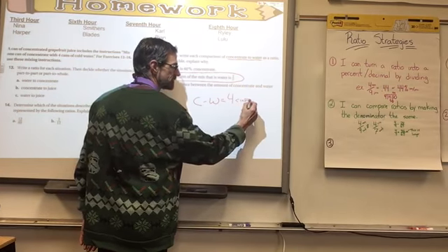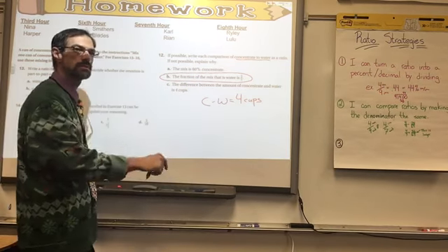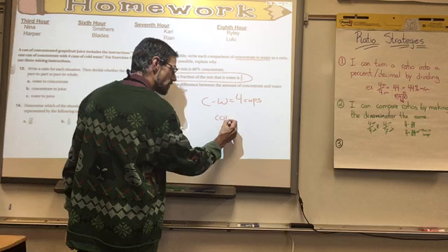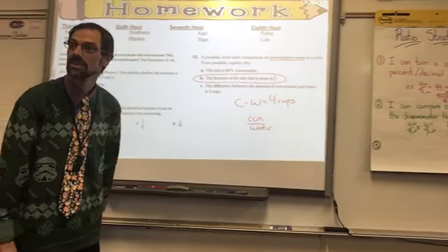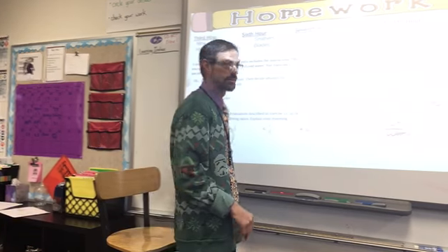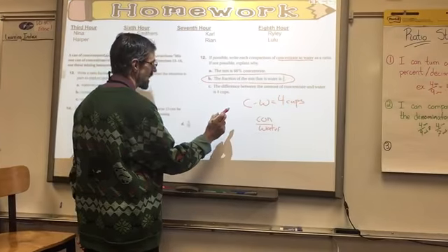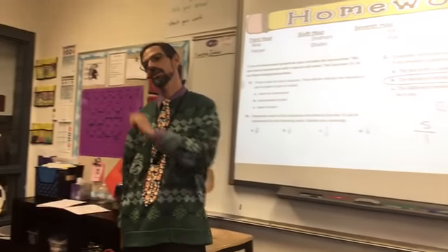So this is what they're asking. I know that concentrate minus water is 4 cups. So how could I write a concentrate to water ratio? Oh wait, 1 to 5. Not 1 to 5, other way around. 5 to 1. There's one answer. Michaela, give me another one.